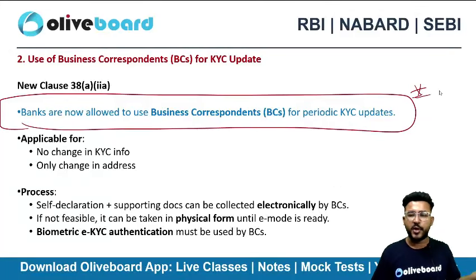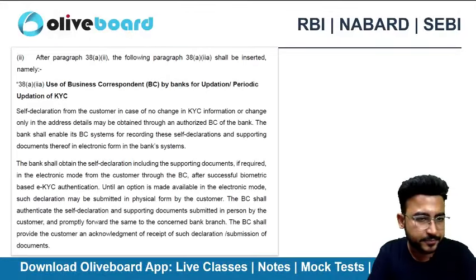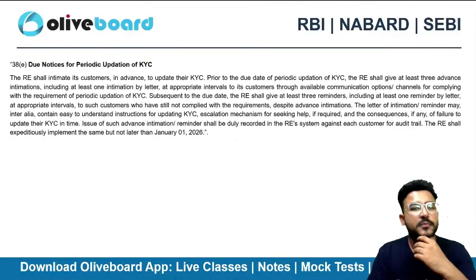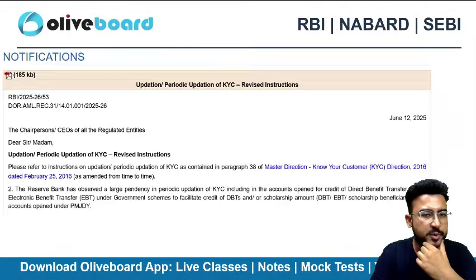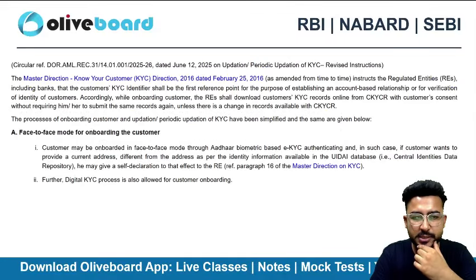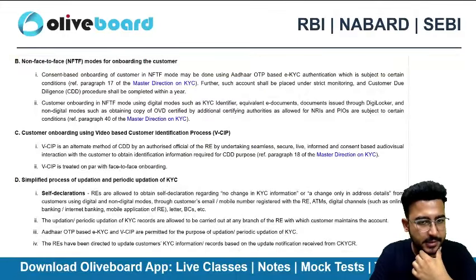The business correspondents can also do the same, right? It was also an update. So that's what the timing is, right? Please do remember the dates. They can be important for your examination. Rest, I'm checking what else they can ask.